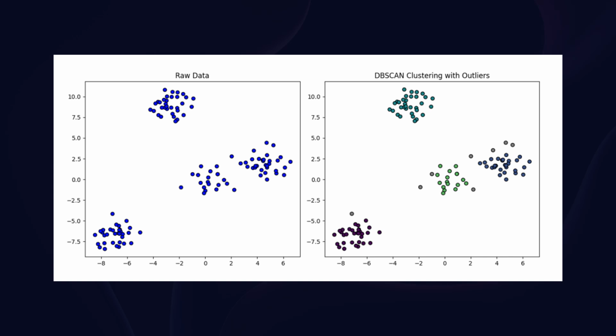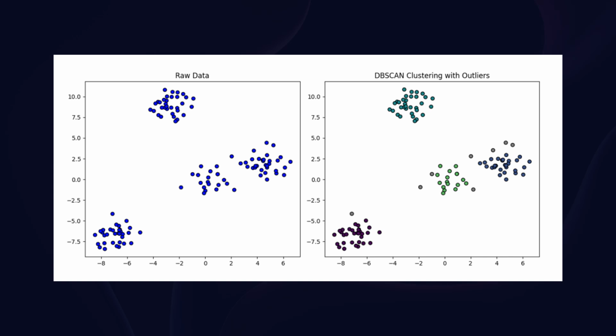And so what you see here is an example of what a DBSCAN clustering graph would look like. What you can see here, very plainly, is that just like what we mentioned, it is good at detecting outliers.